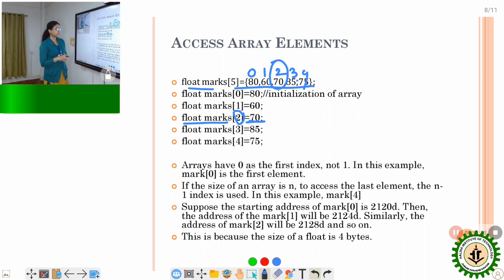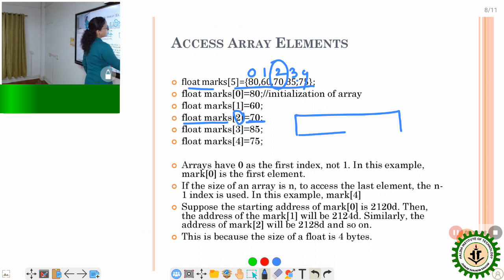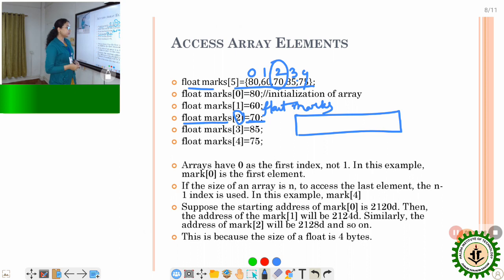Okay, one thing: if you consider an array marks that is a float type variable, then for a float array each position takes 4 bytes.